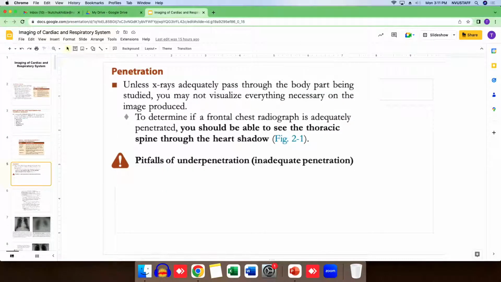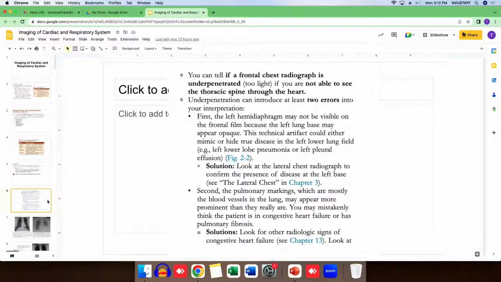So now let's discuss in more detail what penetration means. Penetration means that the X-ray adequately passes through the body parts that we want to see. However, we might not visualize everything, but we are able to see the thoracic errors which can be interpreted in this case.